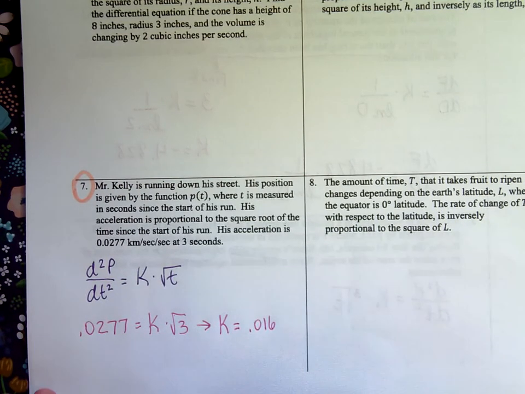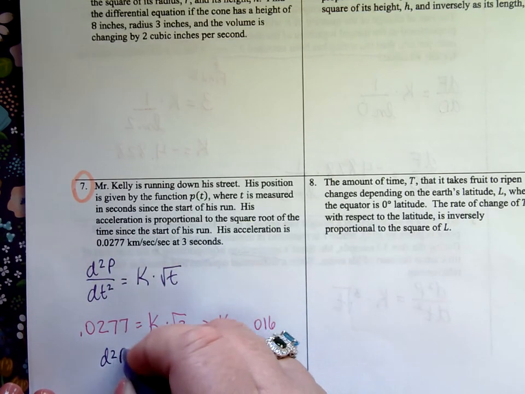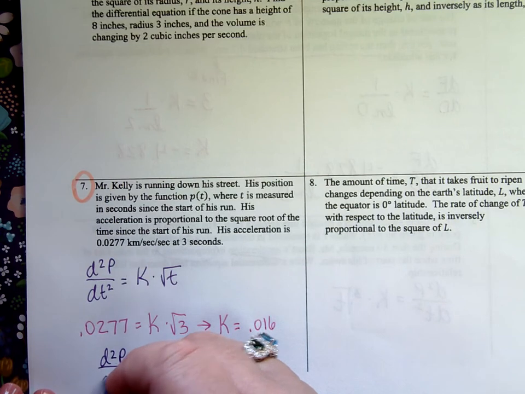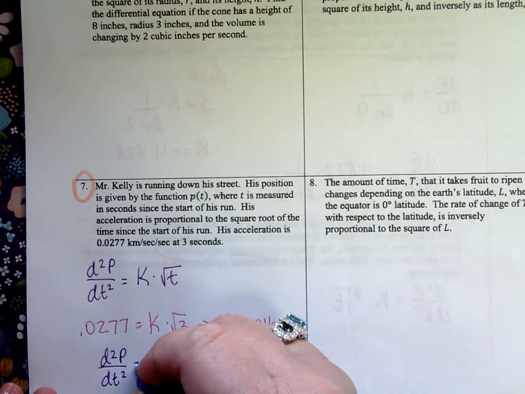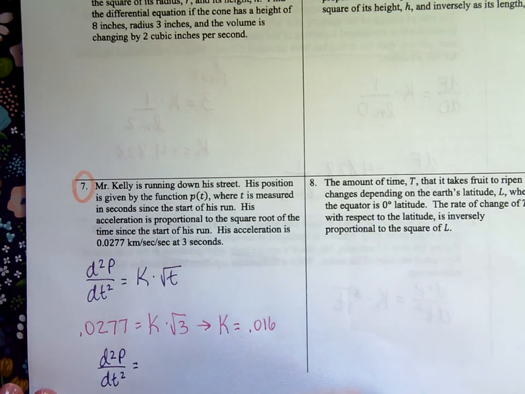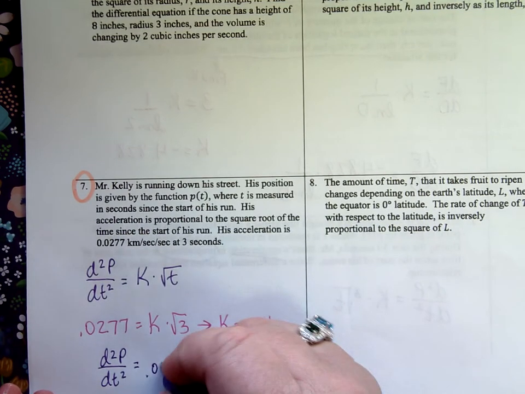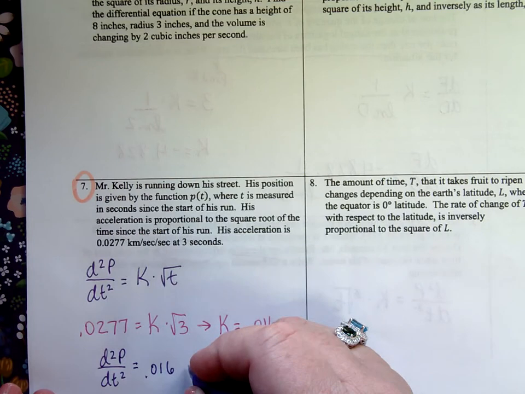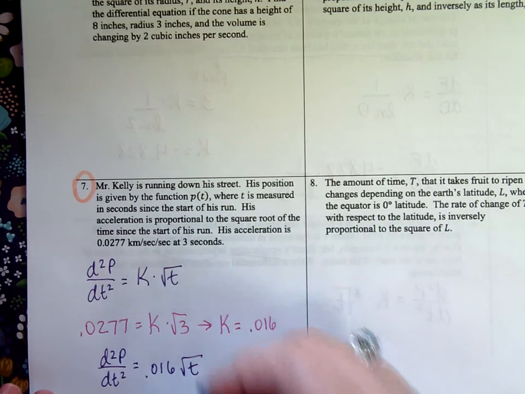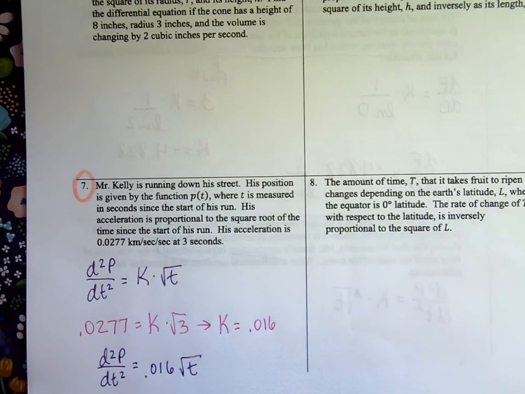And so I put it together in my formula. They want to know what the differential equation would look like. D squared p over dt squared. They're not really, they're second derivatives. So I guess I probably shouldn't put it in those terms. Equals 0.016 times the square root of t. Replace your k. And then you're done.